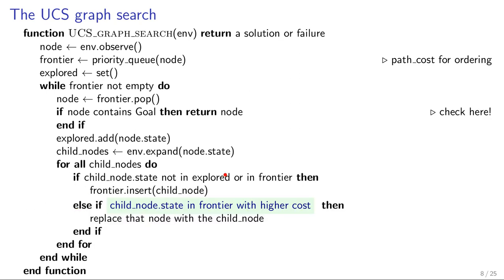And here is the step that was not in the depth first search, but is needed here, which is what we just discussed: if something is there with a higher cost, then you should replace it with something that you have found that is of lower cost. And you're gonna have that state there only once with the currently cheapest cost.